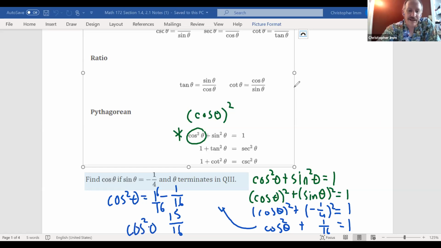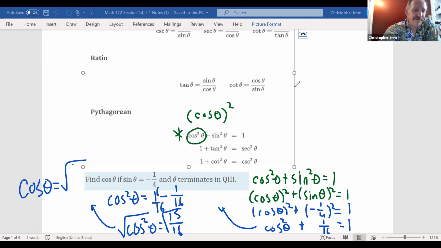And finally, since I have cosine squared, if I take the square root of both sides, I have cosine of theta is equal to the square root of 15/16. It's plus or minus. And you might see that 16 is a perfect square, so I can go ahead and replace that by 4. And do I use the plus or the minus in this case?